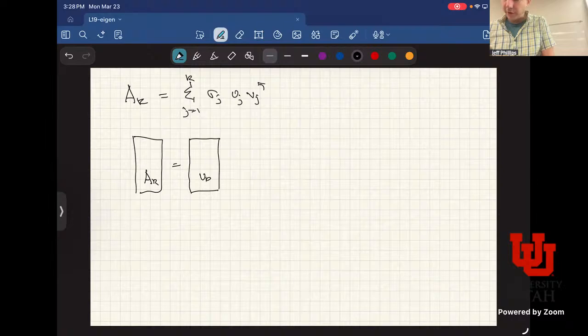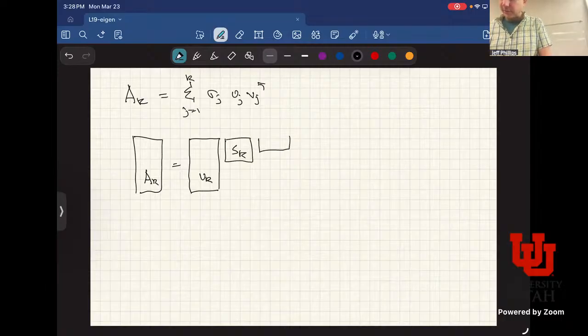This would be called U sub k, S sub k, and then this is going to be V sub k transpose.